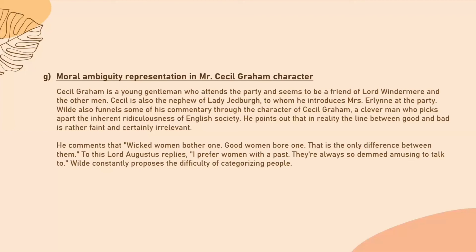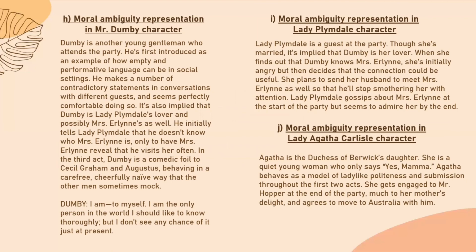Wilde constantly proposes the difficulty of categorizing people. Moral ambiguity representation in Mr. Dumby's character. Dumby is another young gentleman who attends the party.